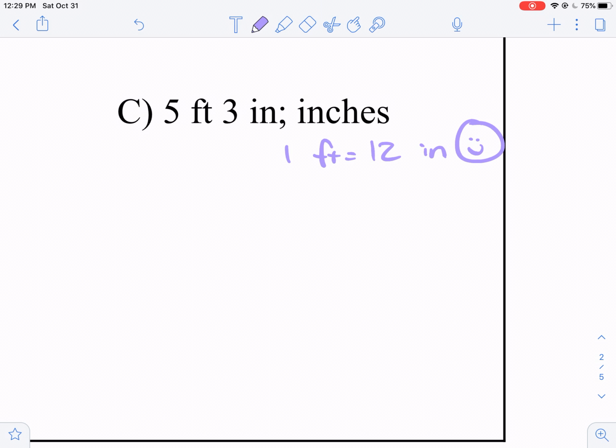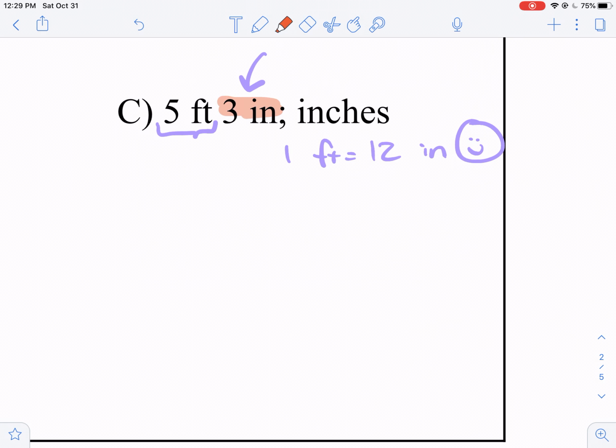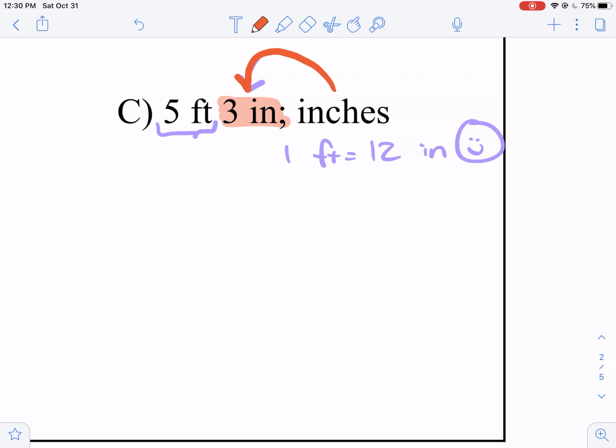All right, now we need to convert that 5 foot into inches, and then we'll add the 3 inches because that's already in inches. So we're going to set this guy aside for right now, just kind of leave him as an afterthought because he's already in inches. Super duper. Already in inches. Okay, so we'll just kind of leave him off to the side for a second.